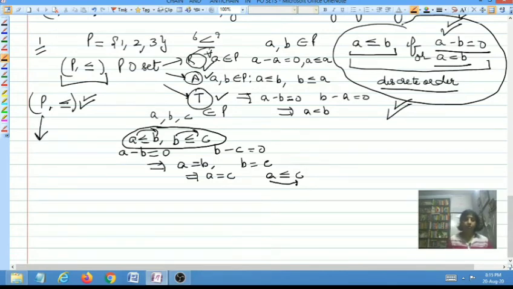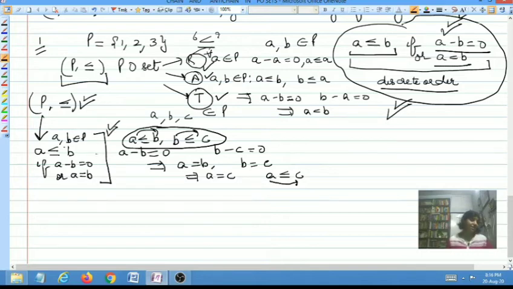Also, in this case P less than equal to is not only a PO set, but it is an anti-chain, because the relation is precisely defined like this: for A and B belonging to P, A is related to B if A minus B is equal to 0, or if A is equal to B. And this is nothing but precisely the definition of an anti-chain.